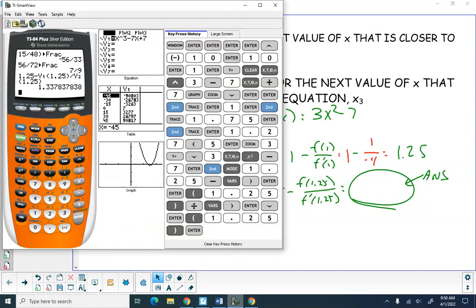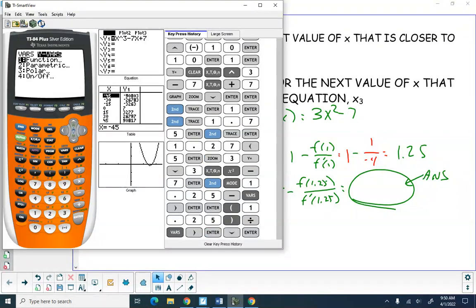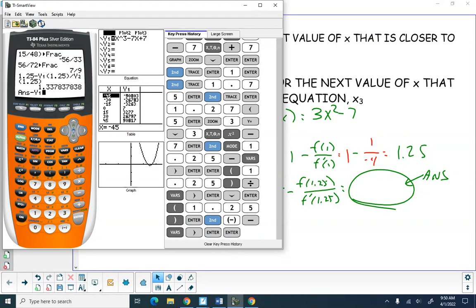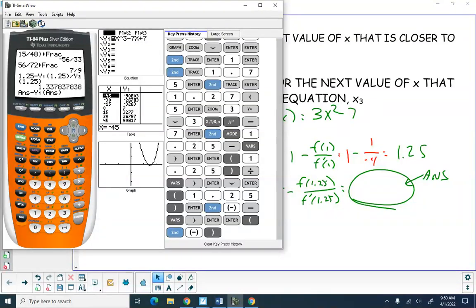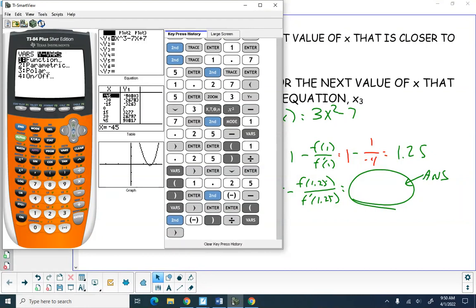So I'm going to go second, negative sign, that's answer, minus our vars, y vars, function y1, parenthesis, our answer, divided by vars, y vars, function y2, at our answer.